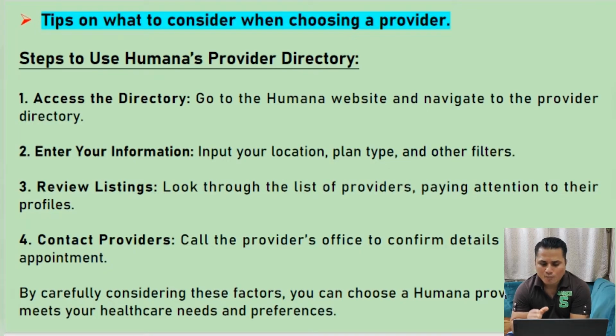Look through the list of providers, paying attention to their profiles. Number four, contact providers. Call the provider's office to confirm details and make an appointment. By carefully considering these factors, you can choose a Humana provider that best meets your healthcare needs and preferences.